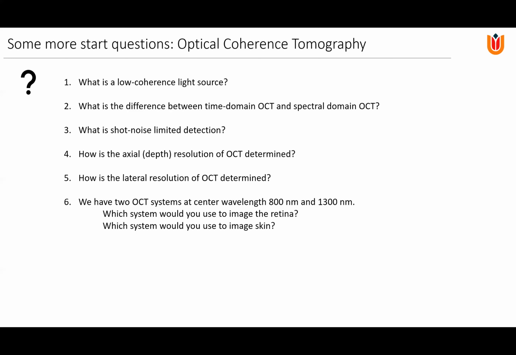So you would move the mirror, and you would get some kind of interference pattern that is completely random, corresponding to your sample. You would do that a couple of times, you would average that, and you would take the envelope, and then in the end, it would look like this. And this average value, you would plot on a grayscale, and that would make a pure image.